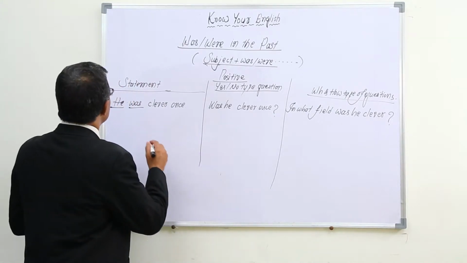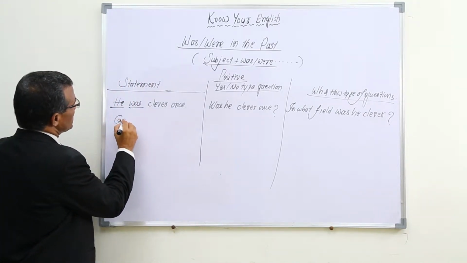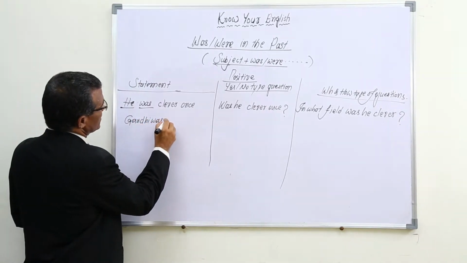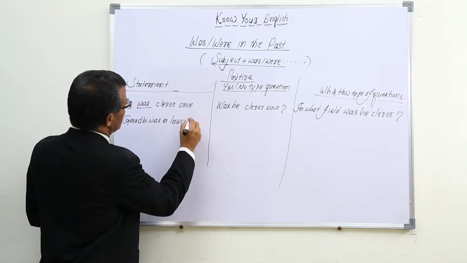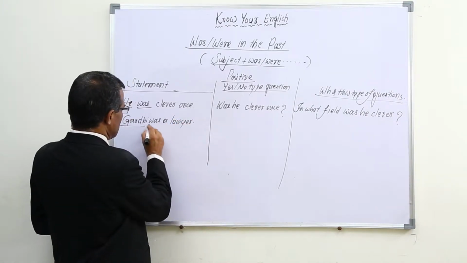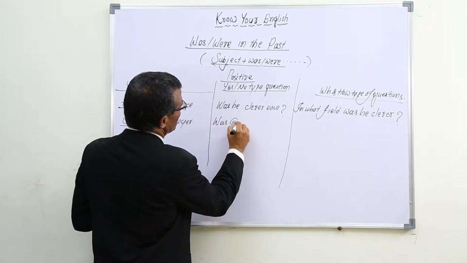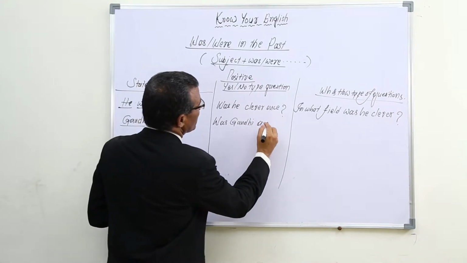And for example, Gandhi was a lawyer. Simply changing the order, was Gandhi a lawyer?